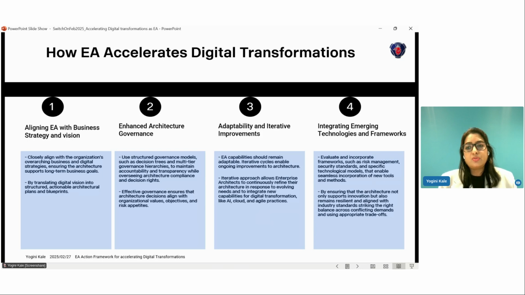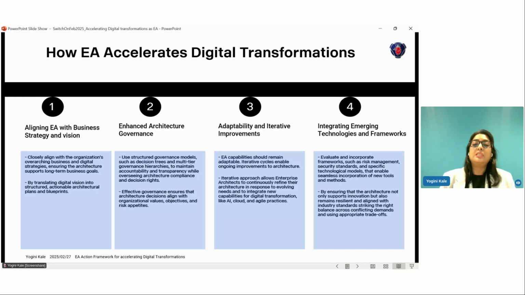The fourth area is how you can integrate the emerging technologies and frameworks. Of course, EA is not the only way to do that, but EA is a very important element there because how EA can bring in value here is by making sure that innovation and the new technologies are considered as part of the roadmaps ahead, and makes your transformations resilient and aligned with the industry standards with agility and adaptability.